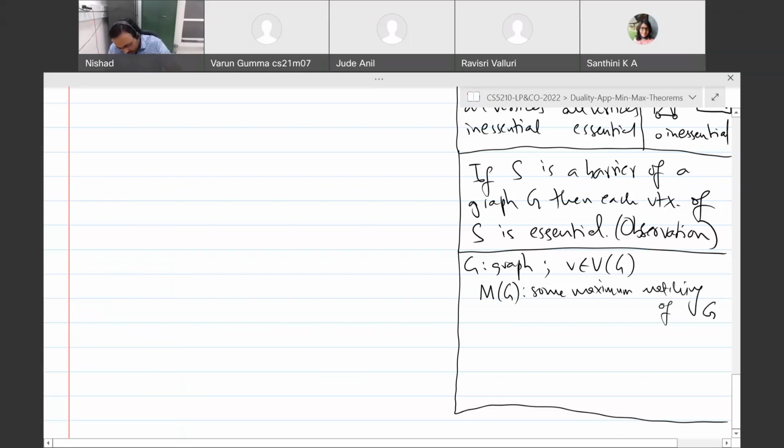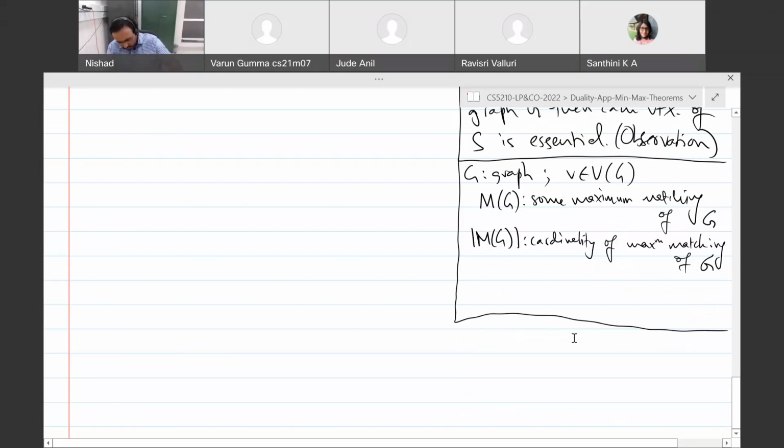What I will use is the cardinality of M of G. Okay, so now there is no ambiguity. This means the size of a maximum matching, the cardinality of a maximum matching of G. We'll find this notation a bit useful.